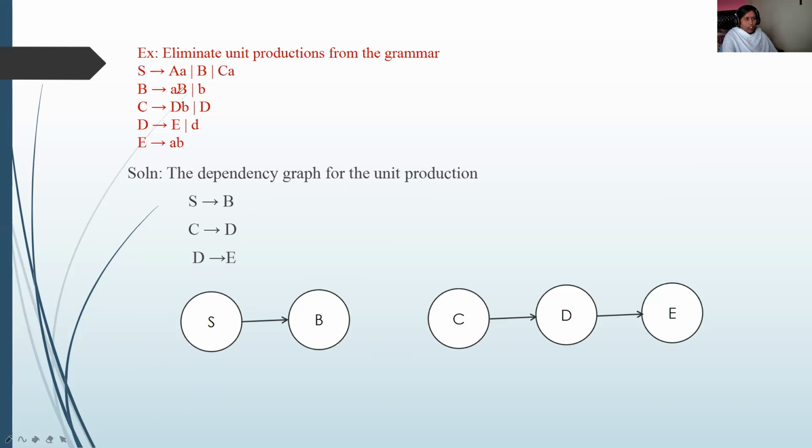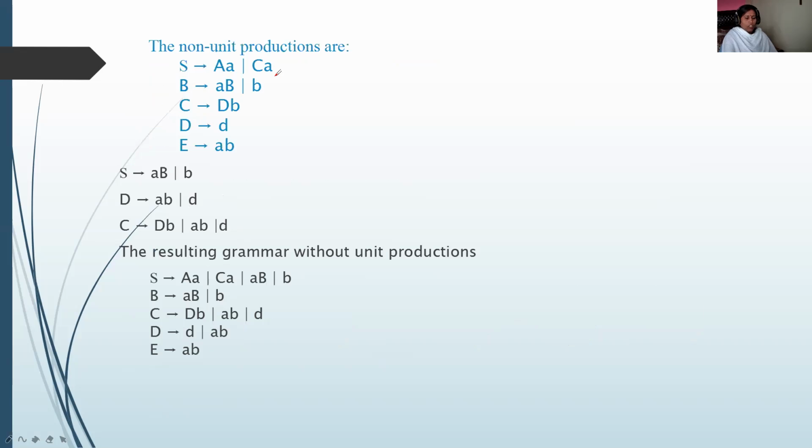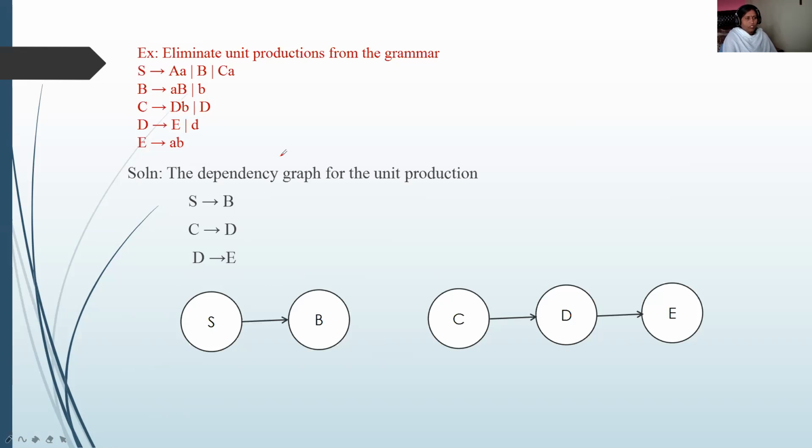Non-unit productions of B are AB, B. So it becomes AB, B or CA. You can check here. Just a simple thing here. If you write S produces AA as it is, because it's a non-unit production. Replace this B by B's non-unit productions.